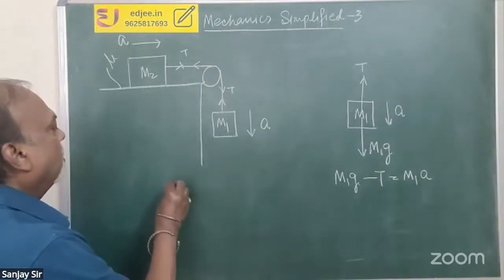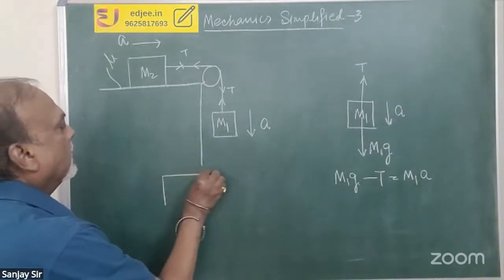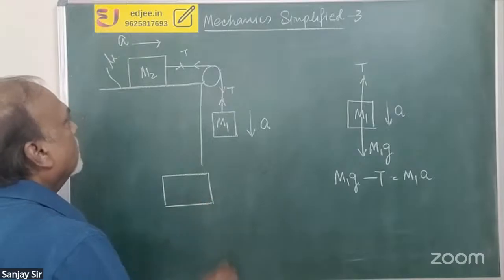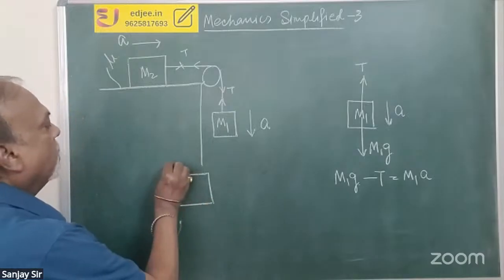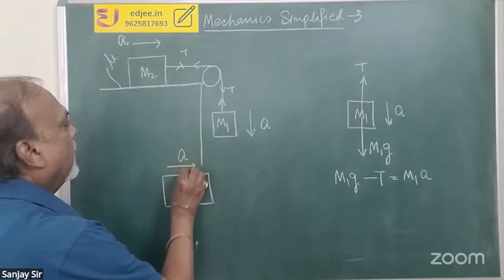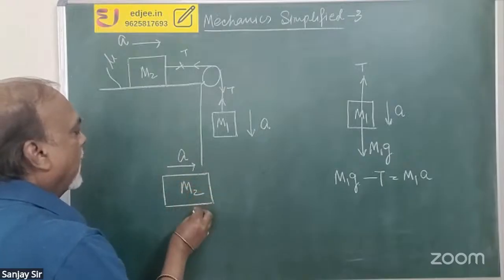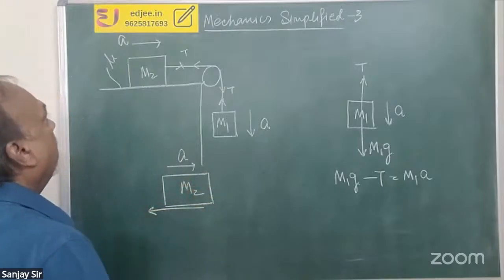Let us make the free body diagram of this also. This is moving with A, M2, and here the friction force will be there.